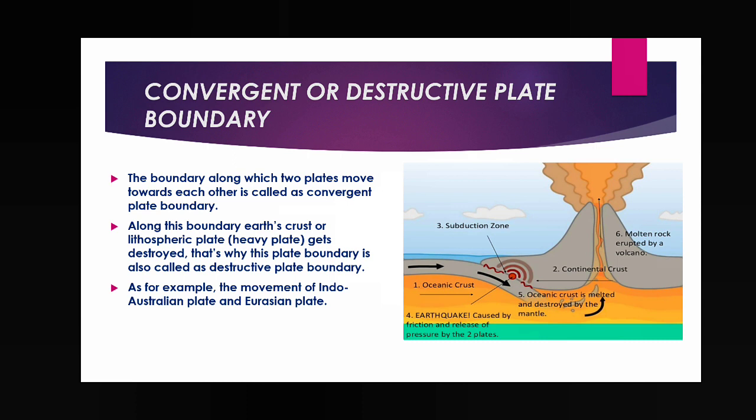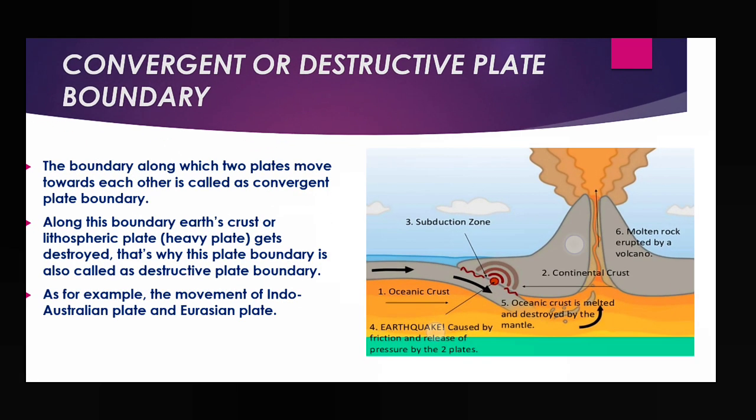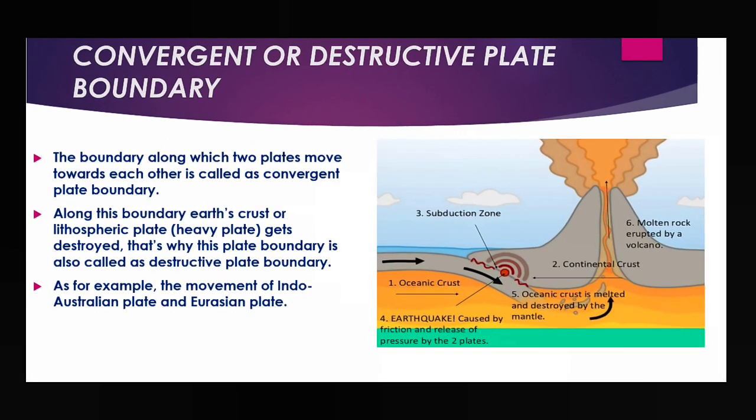When the heavier one is going down, take a look in this diagram, when the heavier plate is going down, take a look, the portion which has already gone down and which is already submerged in the asthenosphere.